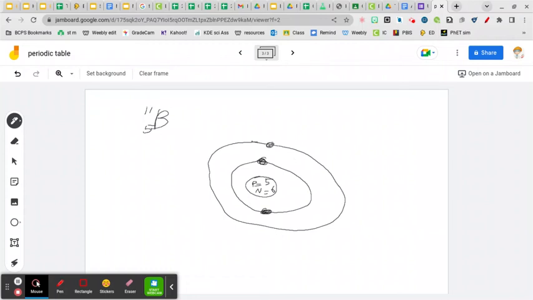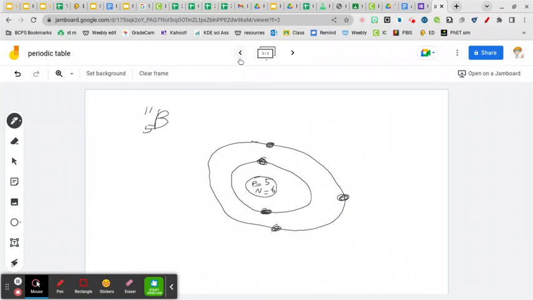When I place mine, I generally go north, south, east, west, so 1, 2, 3, 4. Then if they have enough, they pair up after that, similar to our Lewis dot structures. So there's one for boron.